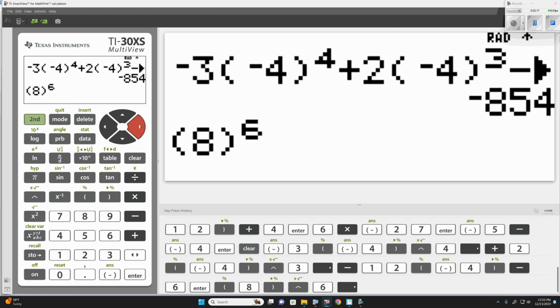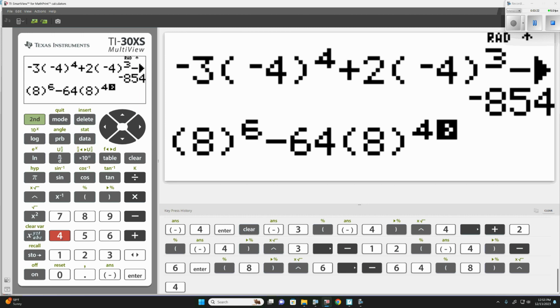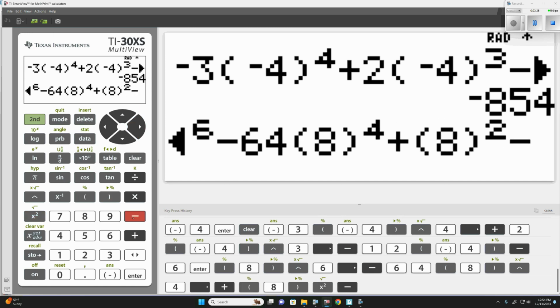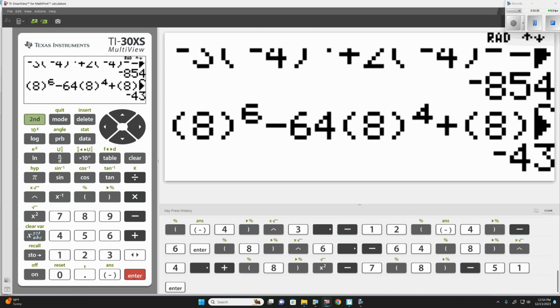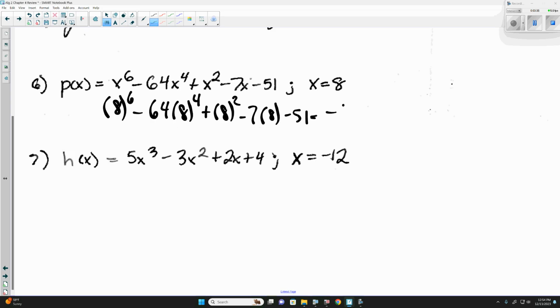So 8 to the 6th minus 64 times 8 to the 4th plus 8 squared minus 7 times 8 minus 51. And we get negative 43. Any other questions on 4 through 7?